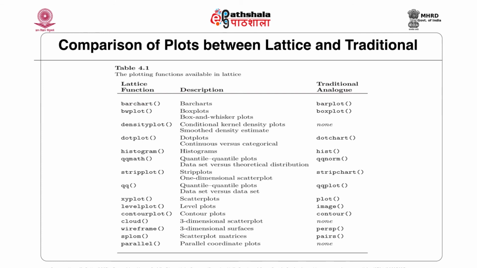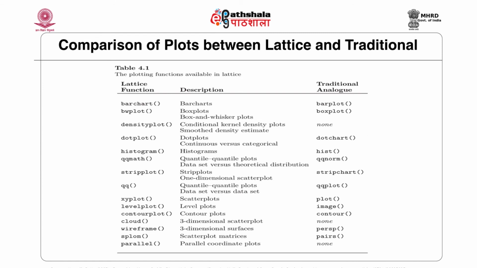So, for example, parallel coordinate plots. These are plots which you cannot really have in the traditional system. You can build them, but it's much better to use the lattice function right away. Okay, so that's one of the ways in which you can do this.